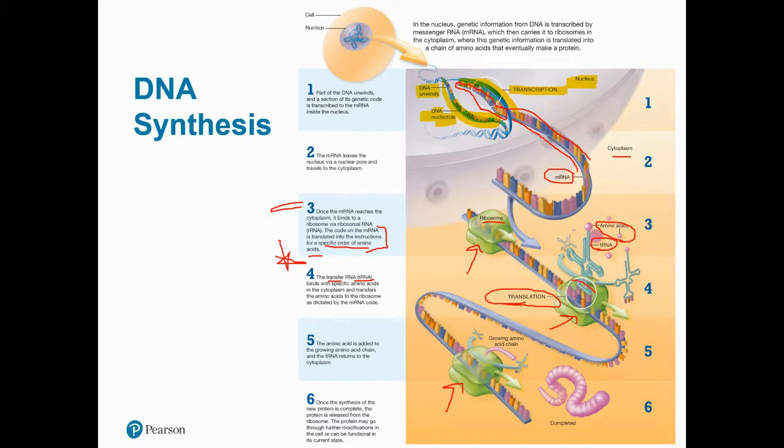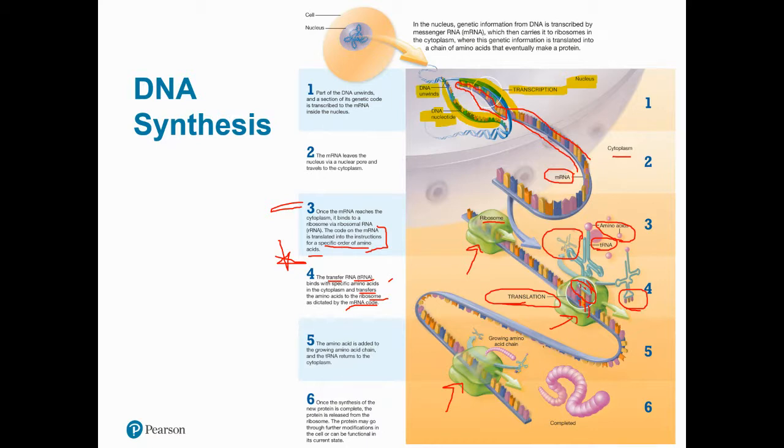So tRNA is going to bring, you'll see these 3 amino acids, 1, 2, and 3, and they match this 3-digit code on the mRNA. And so that's how it goes. So the tRNA, here's the next one, or that one already went. Here's the next one coming in with its 3 amino acid sequences. So the transfer RNA binds with the specific amino acids in the cytoplasm and then transfers the amino acids to the ribosome based on the code or the specific order dictated by the mRNA.